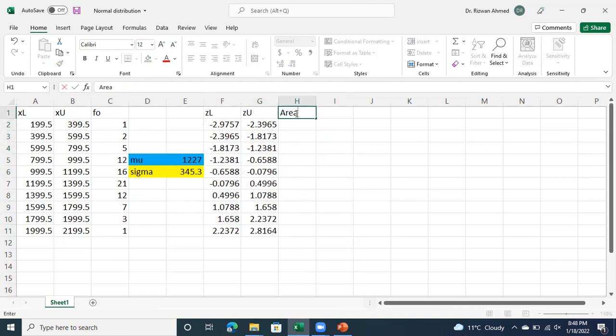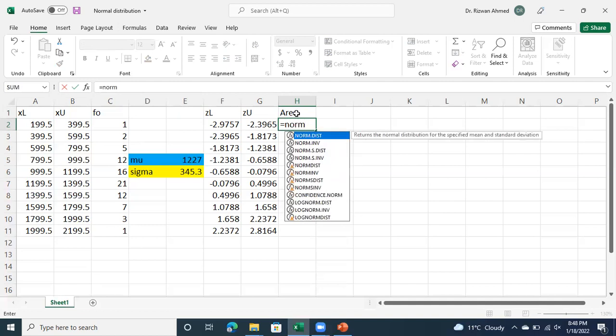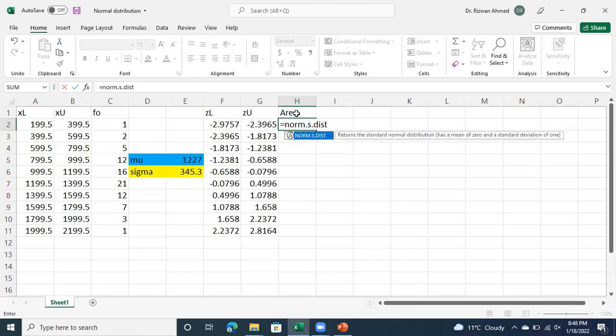the basis of normal distribution, which is the probability area under the normal distribution curve from lower limit to the upper limit. This is possible with the help of the normal distribution function. So I write here NORM.S.DIST.